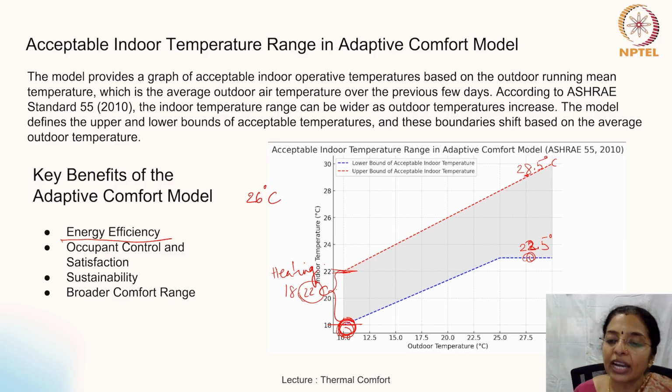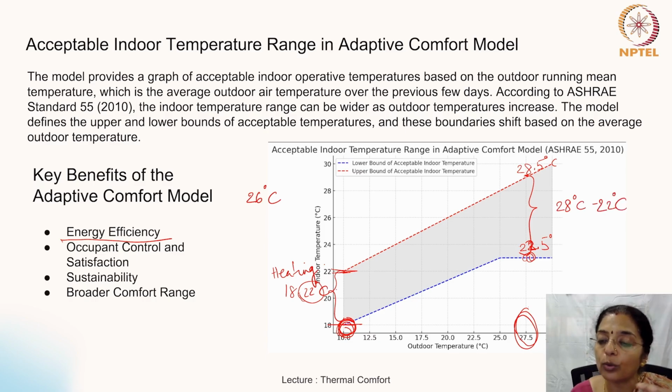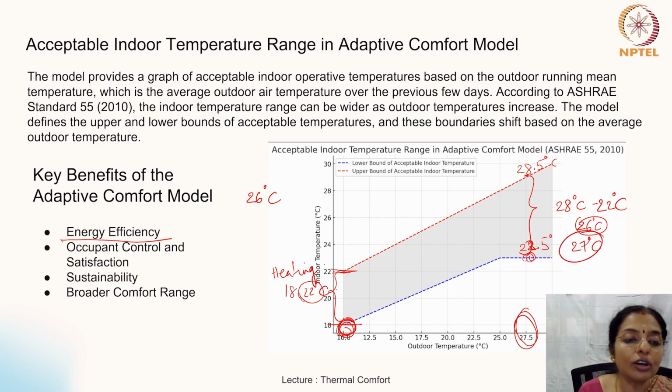Similarly, if the outdoor temperature is 27.5 degrees centigrade, the person can feel comfortable between 28 degrees centigrade to 22 degrees centigrade. So when you have to air condition the building, you don't have to necessarily target the mandatory 26 degrees centigrade only. You can even target 27 degrees centigrade, because of which a lot of energy can be saved.